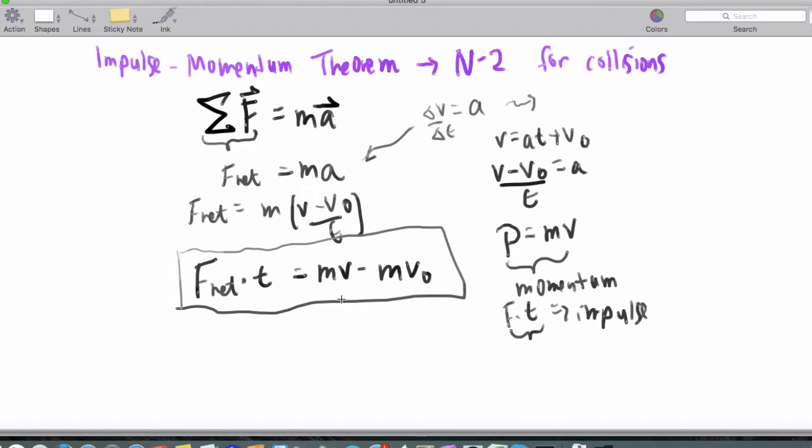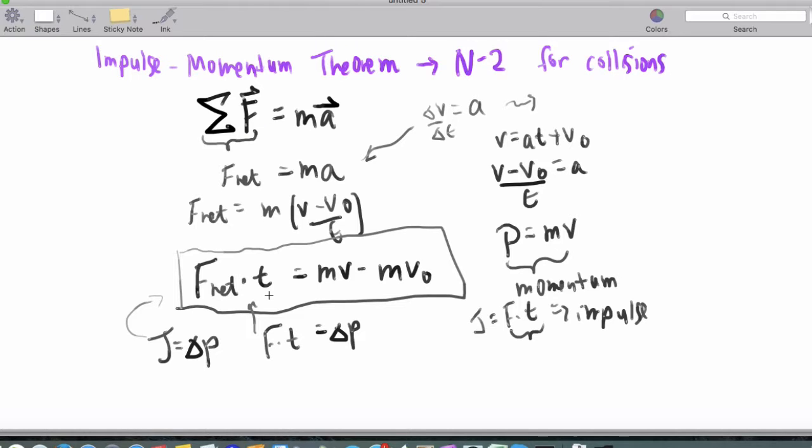And we'll also see this written with the letter J. So you'll see this written as J is delta P, or F times t is delta P, or finally this formula here. So that's the first big idea.